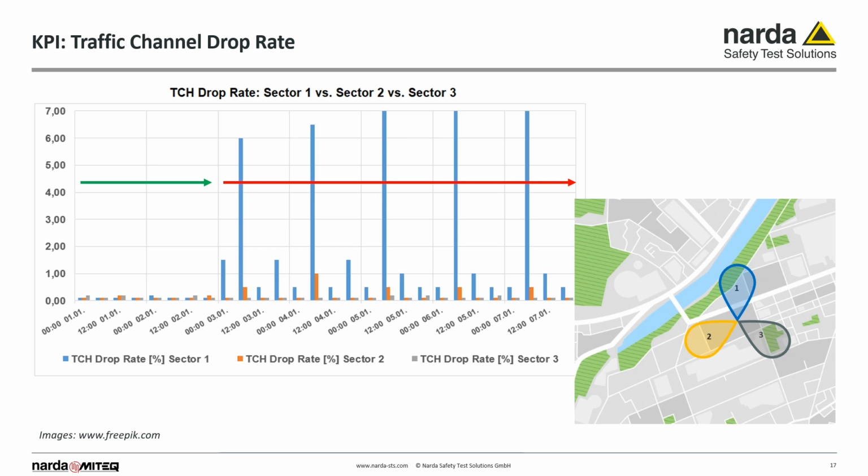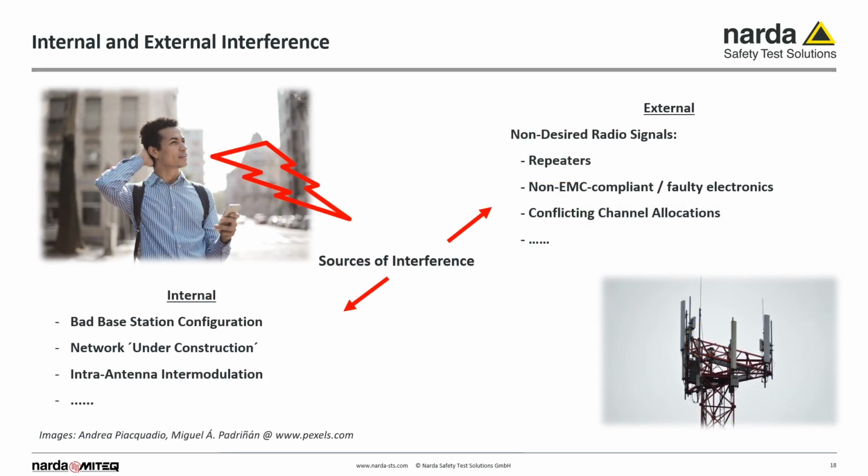Many OMC systems provide further details to the TCH drop rate, such as uplink or downlink power levels and quality indicators. Based on the information on the CSSR and the TCH drop rate provided by the OMC, network operators urge for troubleshooting in order to quickly improve the quality of service.